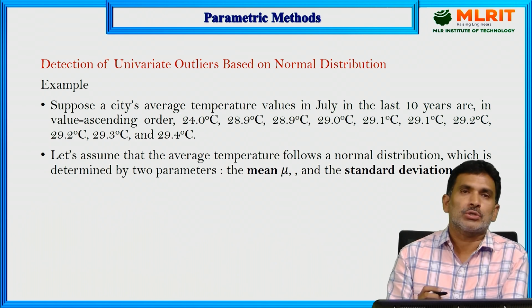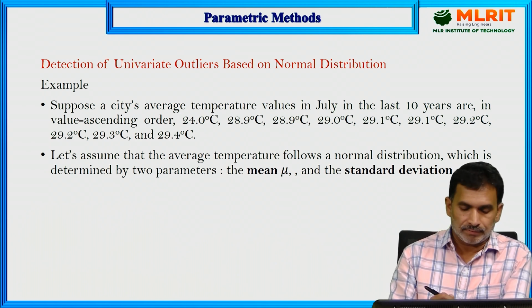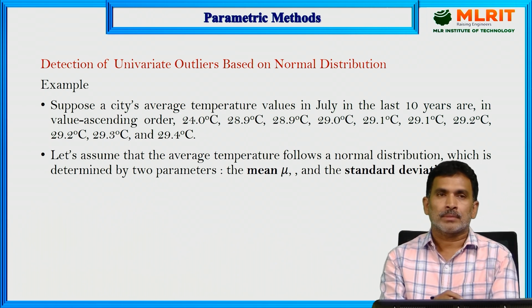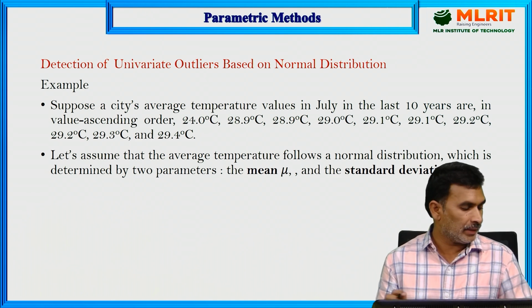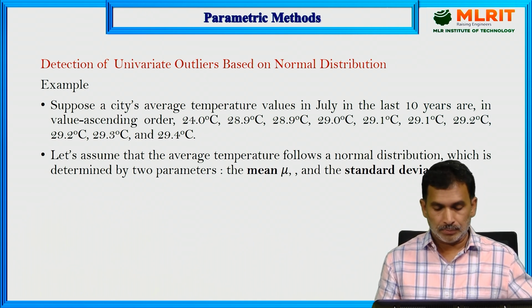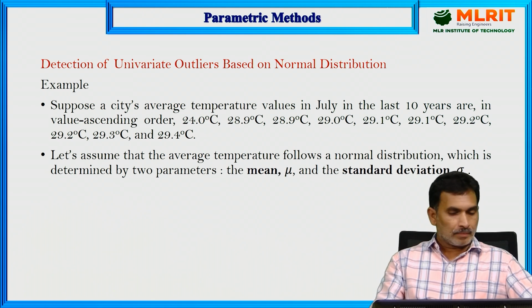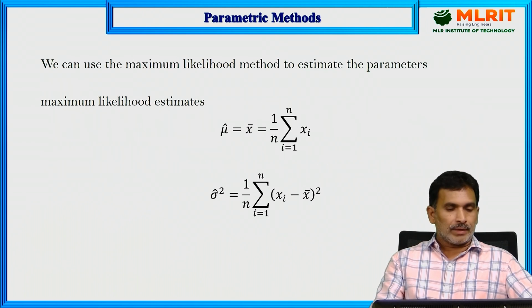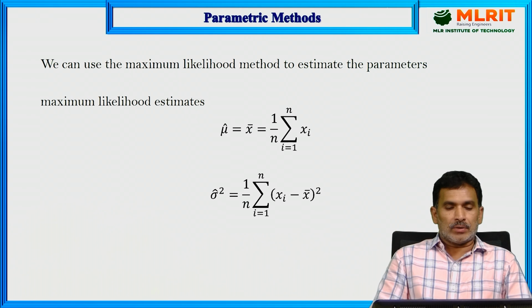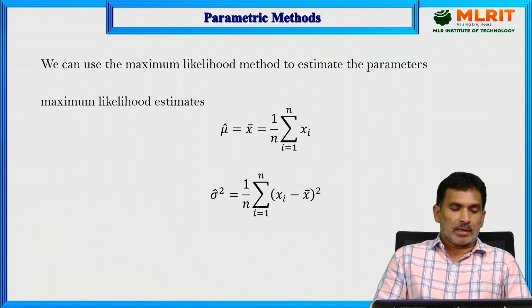Let us assume that the average temperature follows a normal distribution, which is determined by two parameters, the mean mu and the standard deviation sigma. We can use the maximum likelihood method to estimate the parameters.